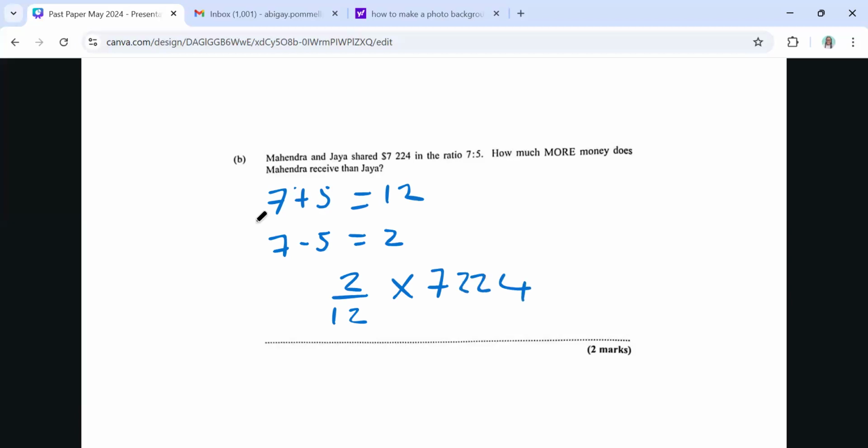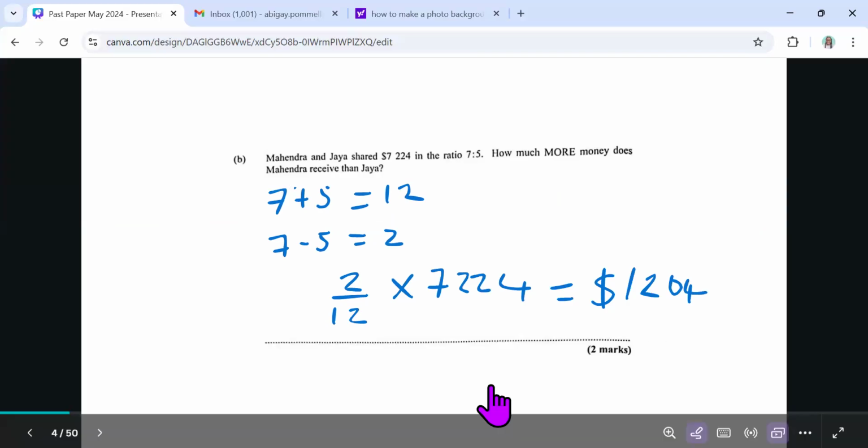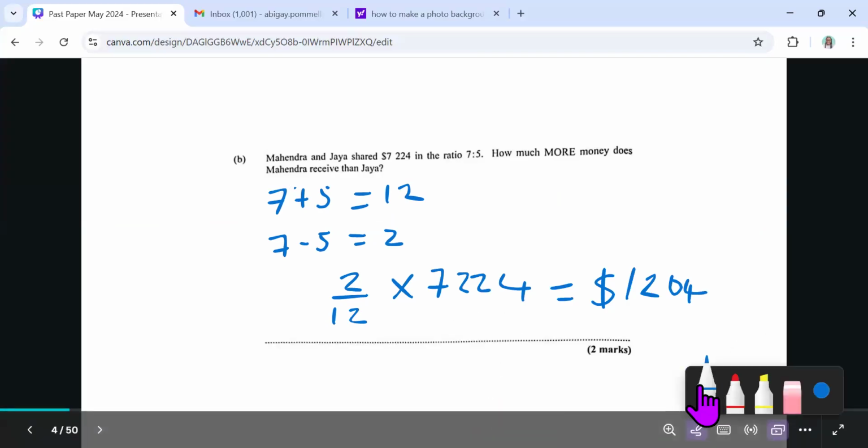We'll put that in the calculator. So 2 times the 7,224 and then divided by 12, you get 1,204. That's the answer there. And moving on.